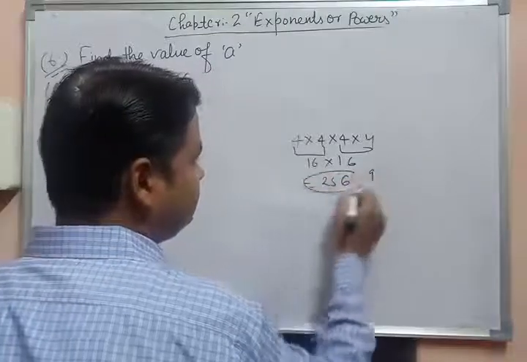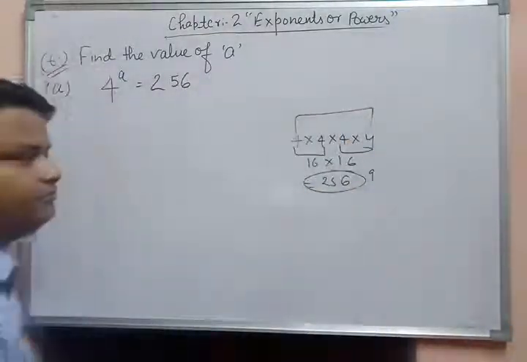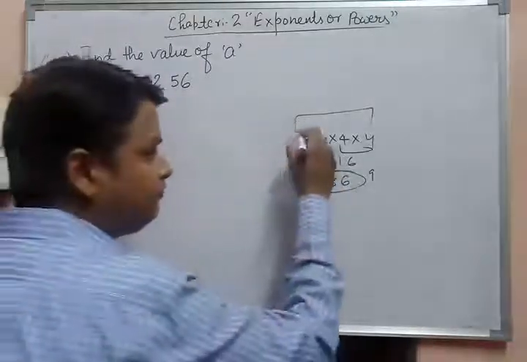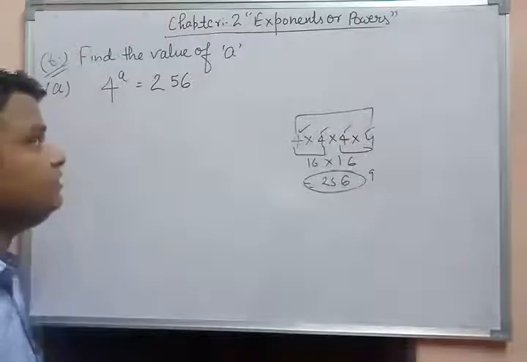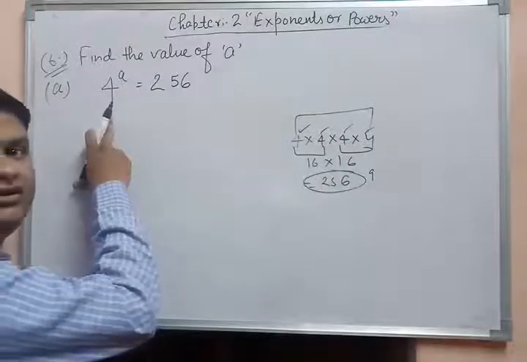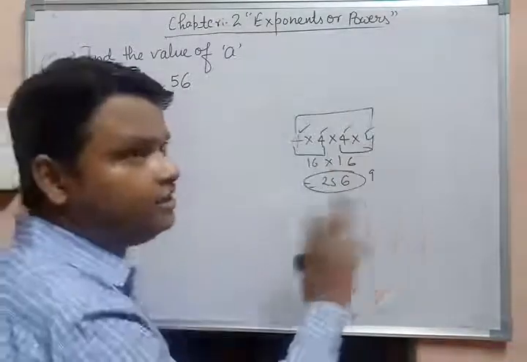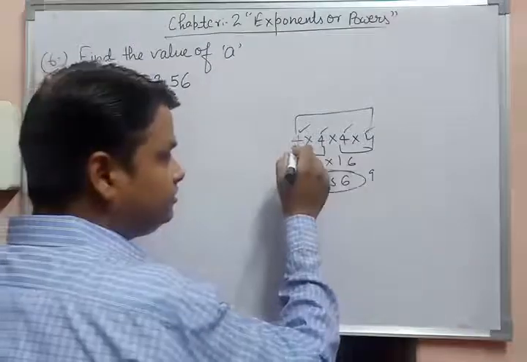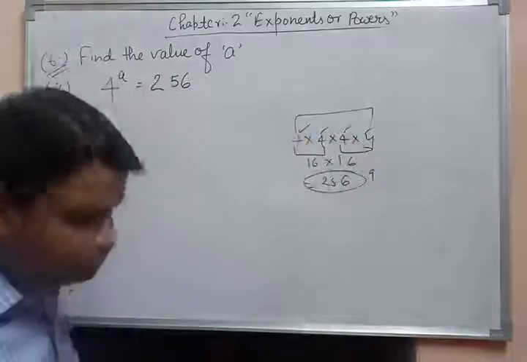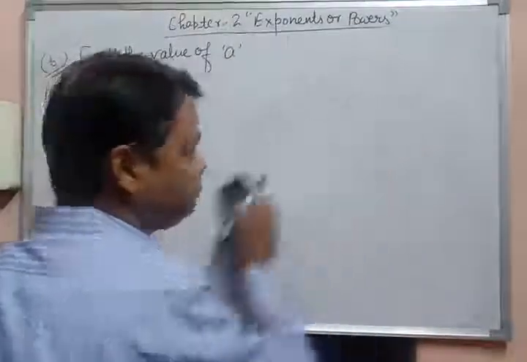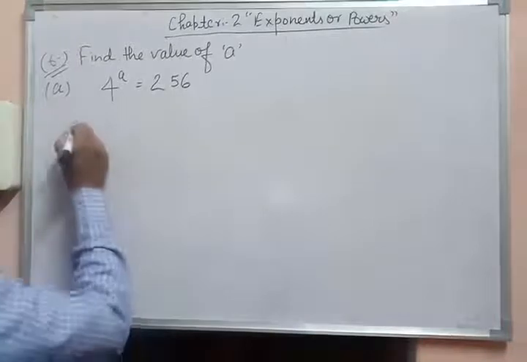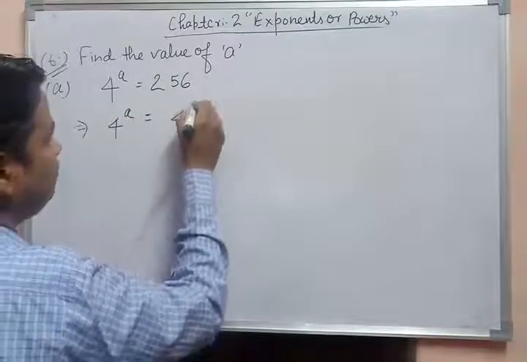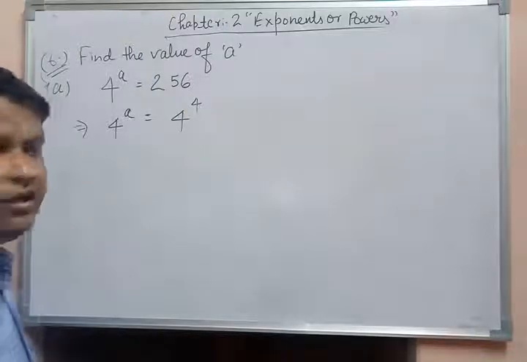So students, you have to write the factors in terms of only 4, because here 4 is written. No need to write another factor except 4. So 256 can be written as 4 to the power 4. Clear?